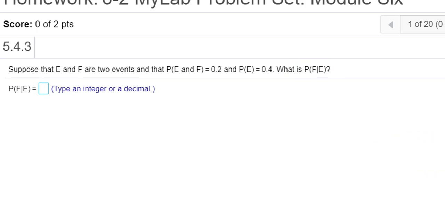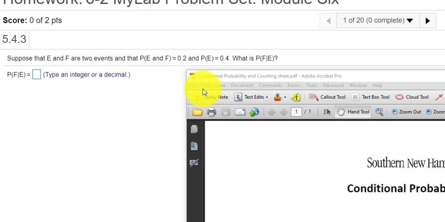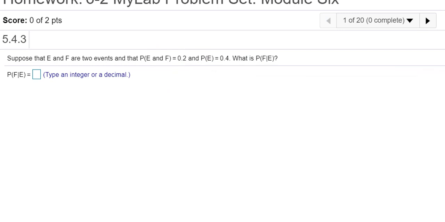Okay, so we have a handout sheet that we can look at. According to this, the probability of F given E is the same as the probability of E and F divided by the probability of E. So we're given the probability of E and F, and we're given the probability of E, so we can simply divide these two numbers.